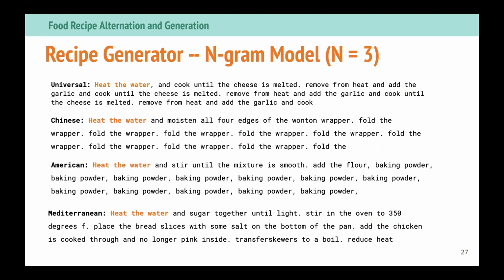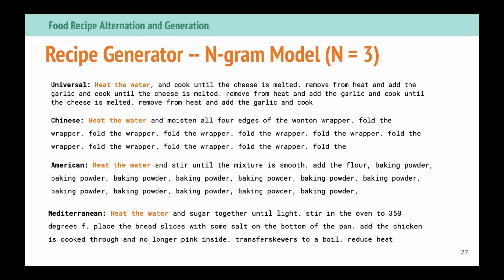Let's create something new. We want to generate brand new recipes based on learning old ones. To build a recipe generator, we first trained the traditional n-gram language model, where n equals 3, on the dataset. Cooking instructions of all recipes from the same cuisine style were concatenated to create one document as the training dataset.